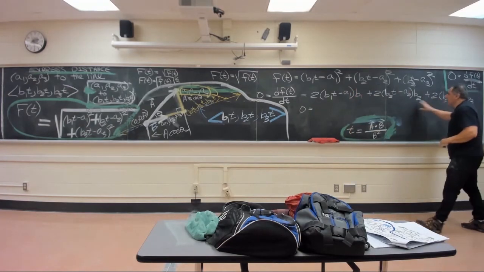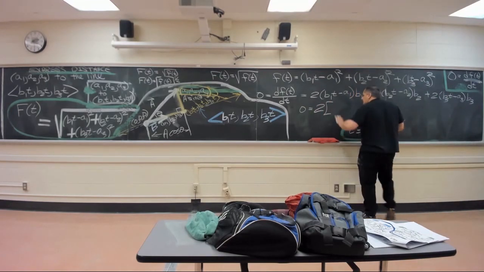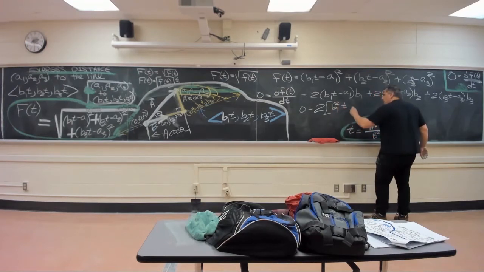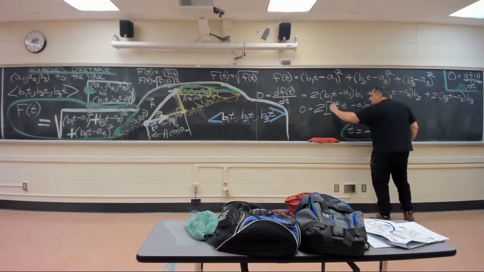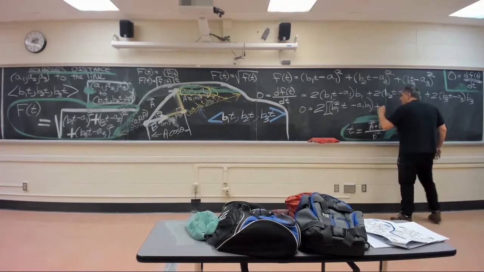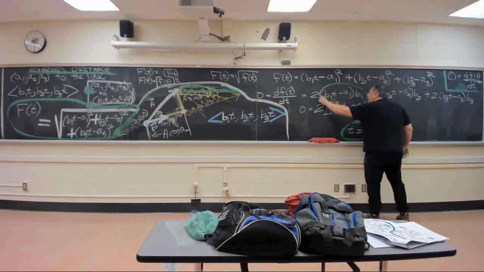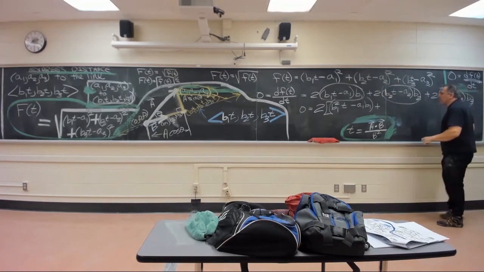There's a 2 right here, a 2 right here, and a 2 right here. Let me take the 2 all the way out of there. Let me take each one of these: B1 squared t minus A1 B1. Now I pulled the 2 out of all 3 terms. Then I multiplied here, here, and here.